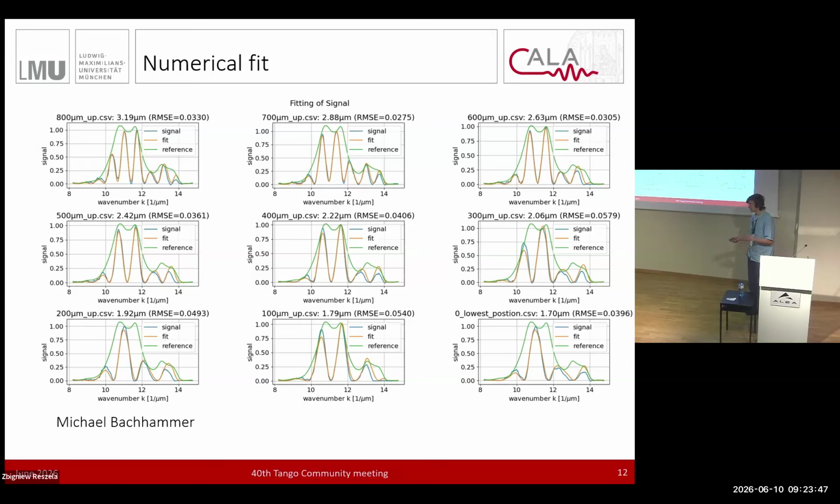So if we know our LED that we shine onto our target, and we also know the reflected signal, we basically can determine the thickness by fitting a model that simulates this thin film interference. And that's exactly what we do. Here you can see in blue the signal that we get, in orange our fit, and it's more or less quite good.